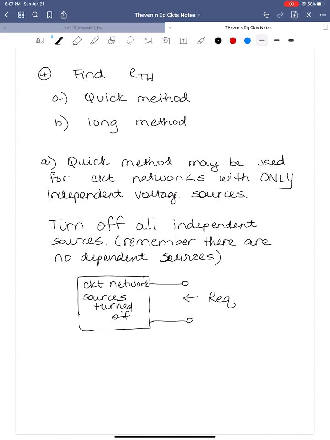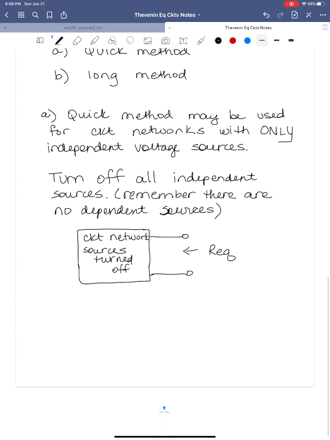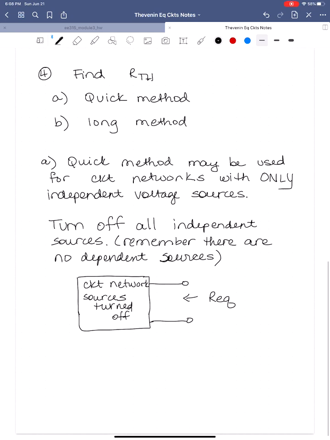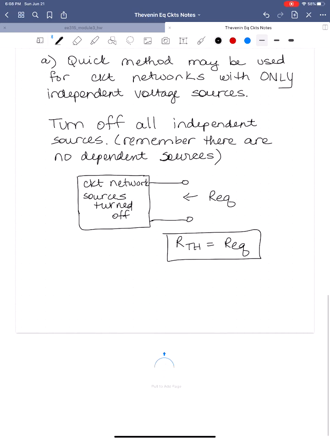And we'll do that by making series and parallel combinations as required. Sometimes it's as simple as looking at it and saying, oh, there's only 1 resistor, or there's only 2 resistors. And so it's very easy to look at and get. Sometimes it may take a little bit longer to do that. All right. But whatever that equivalent resistance is, it's our Thévenin equivalent resistance. Okay. And that's for the quick method.